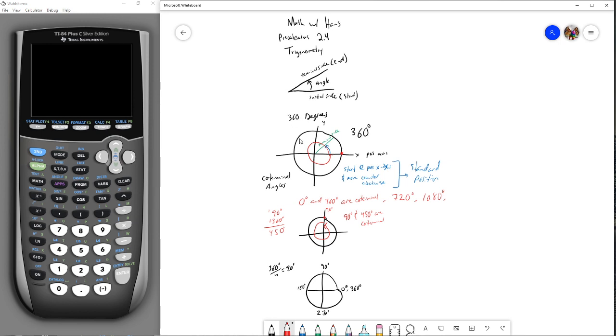And with that, we're going to continue with a new video to build off of this idea. I wanted this video to focus strictly on the basics of an angle, and that probably was repetitive for a lot of you, but it's going to be important for the next video when we talk about a new way of thinking about angles.